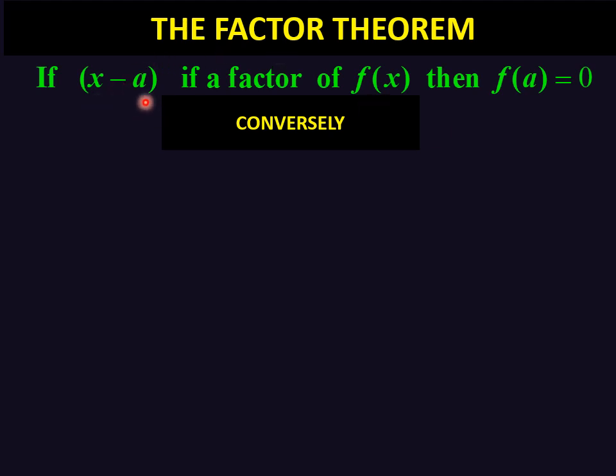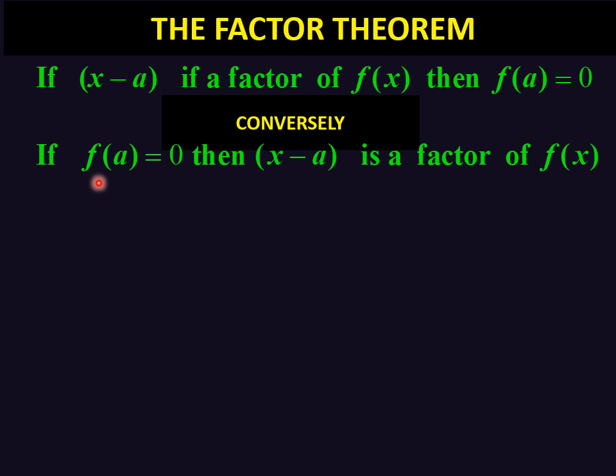If x minus a is a factor of this expression, then it means if I substitute a in place of the x, instead of fx, I calculate fa, and if the fa's value ends up as a 0, then it will be a factor. So I'll only get a factor if I have x minus 2. In other words, if I work out f2, and if f2 results in a 0, then I know that x minus 2 is a factor.